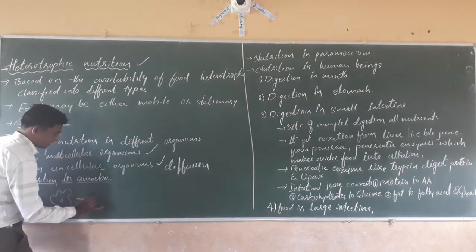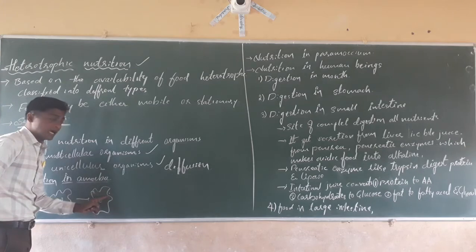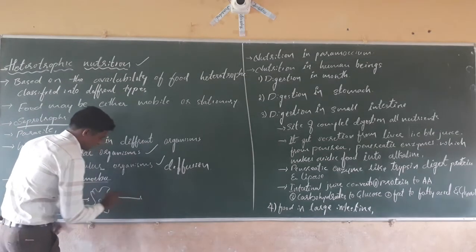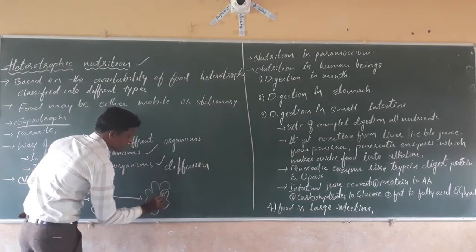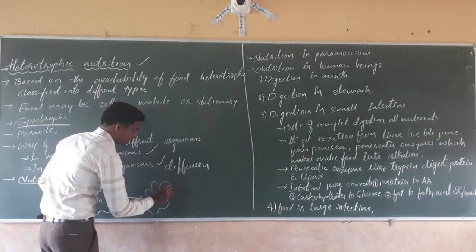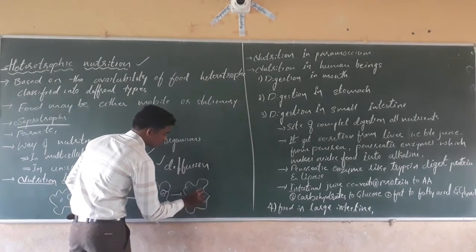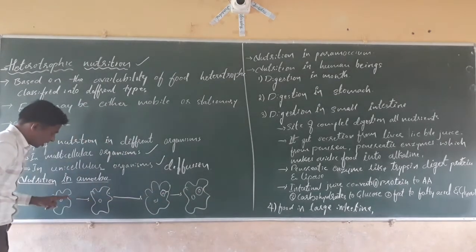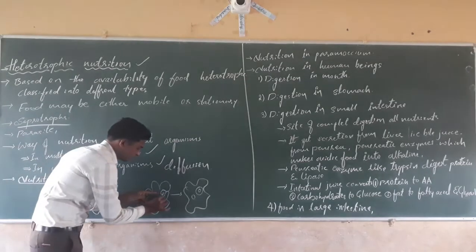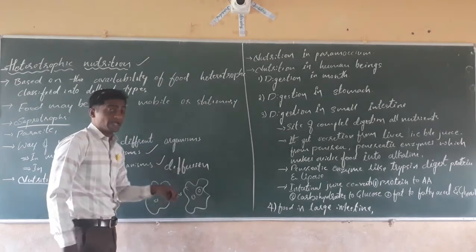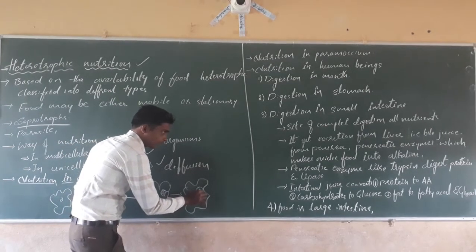When it gets a food molecule, in between the pseudopodia, with the help of these pseudopodia or false legs, amoeba forms a food vacuole around the food molecule and secretes a number of digestive enzymes in the food vacuole and digests the food material in the food vacuole.